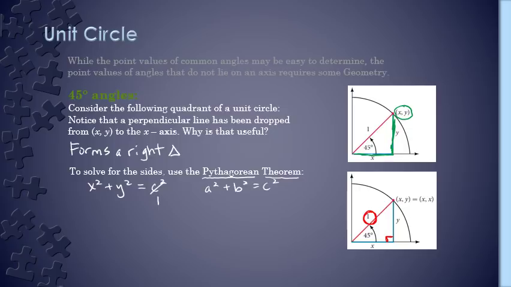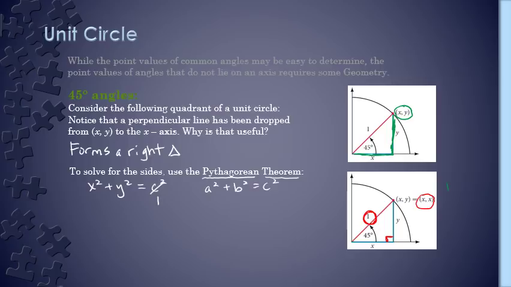Now, if you take a look at this picture, you notice that my (x, y) has turned into an (x, x). Why is that true? Well, the reason is because in a triangle, we know that the sum of the angles is 180 degrees.